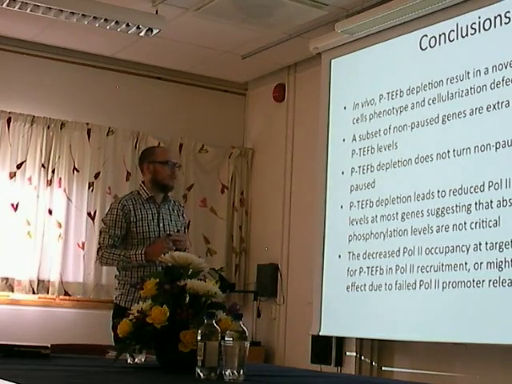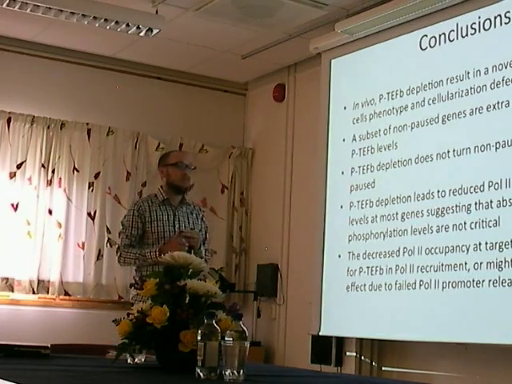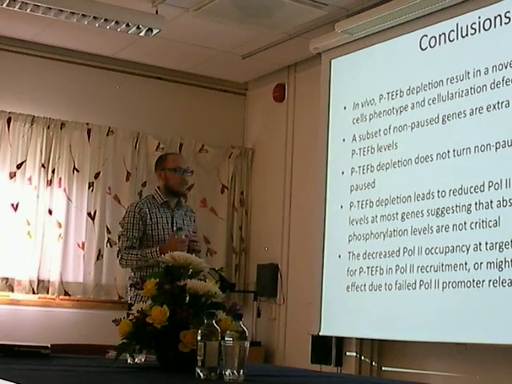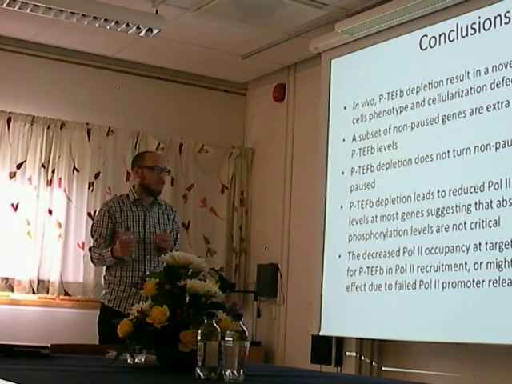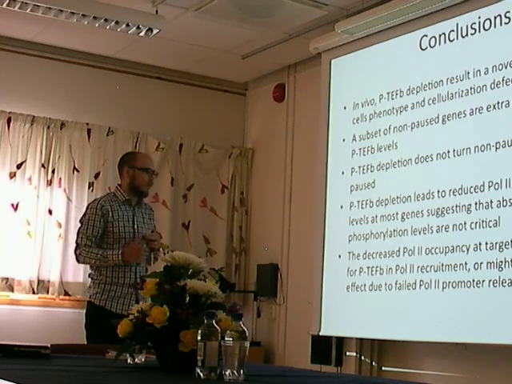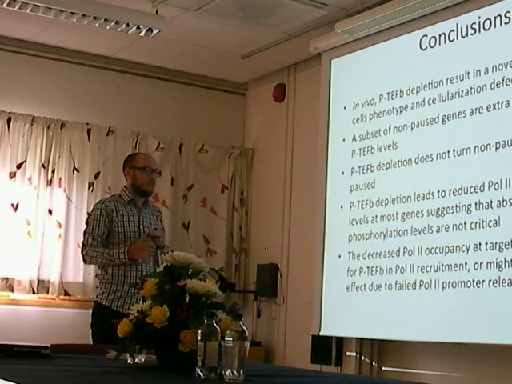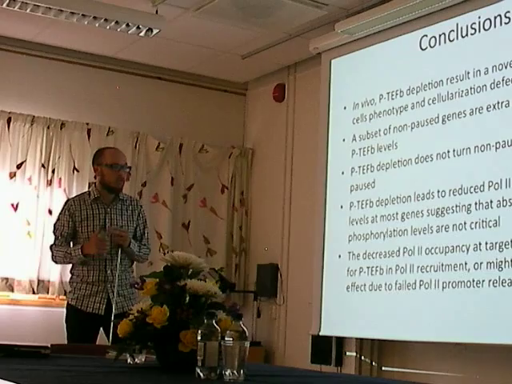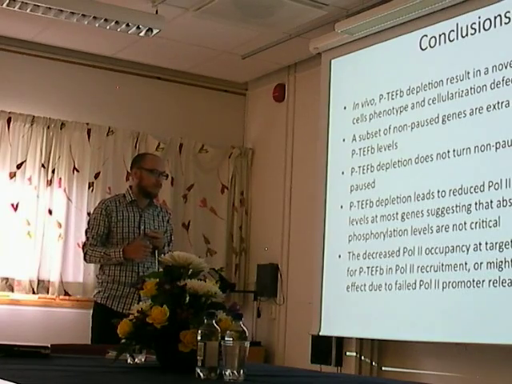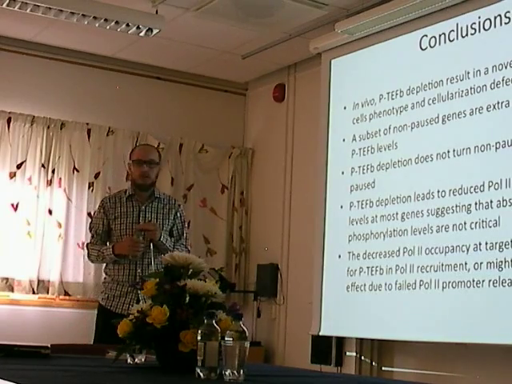P2B depletion leads to reduced POL2 serine 2 phosphorylation levels at most genes, suggesting that absolute POL2 phosphorylation levels are not critical. The decreased POL2 occupancy at target genes suggests a role for P2B in POL2 recruitment, or might indicate a secondary effect due to failed POL2 promoter release.